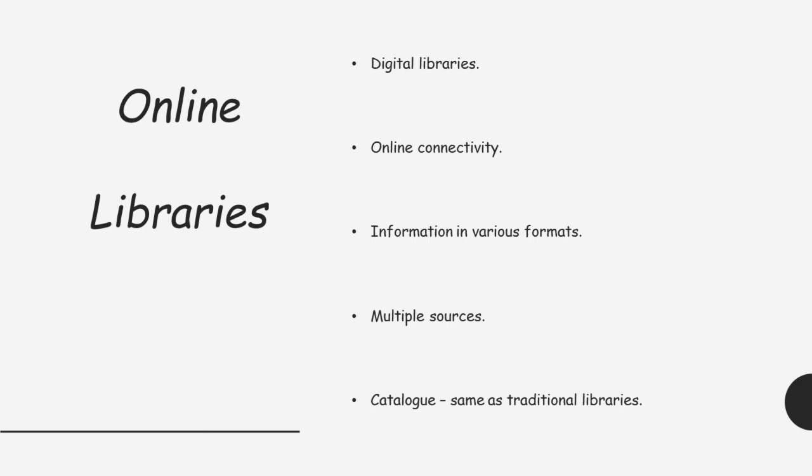Online libraries provide access to information in various formats and from multiple sources, extending beyond the walls of physical libraries. Online libraries use the same pattern of cataloging employed in physical libraries, with more possible ways of accessing content.